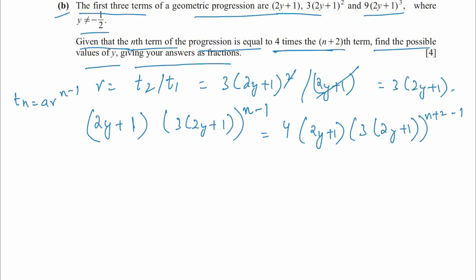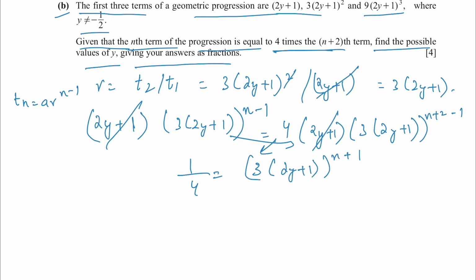So what we'll do is divide both of these. This will be cancelled out, and this 4 will go over there. So this would be 1 over 4, 3 (2y plus 1) whole powered n plus 1, and this is 3 (2y plus 1) whole powered n minus 1.